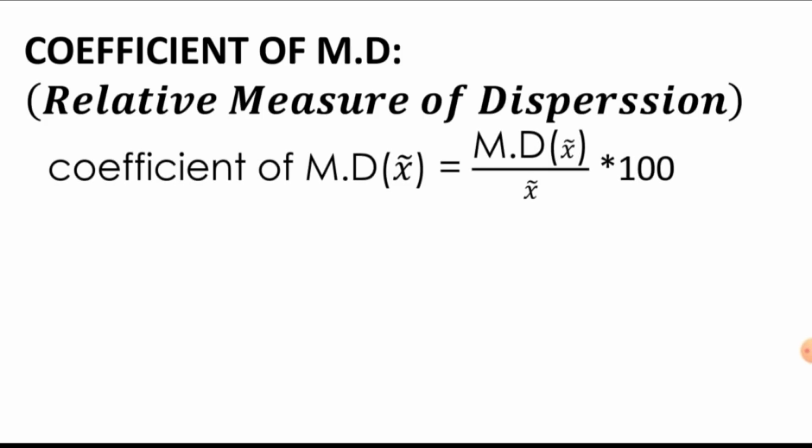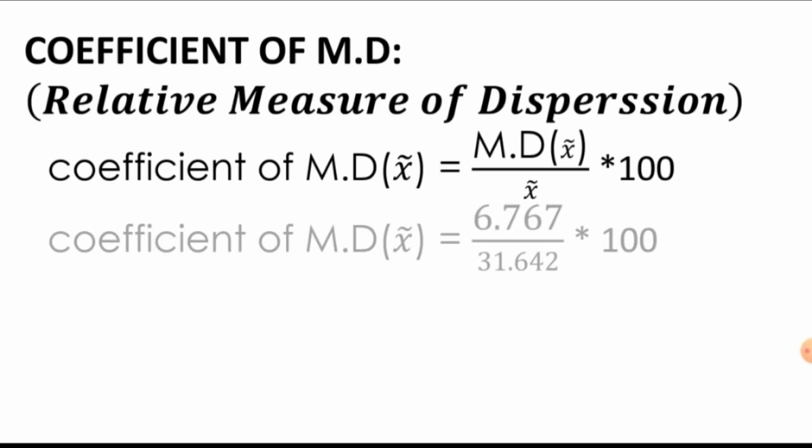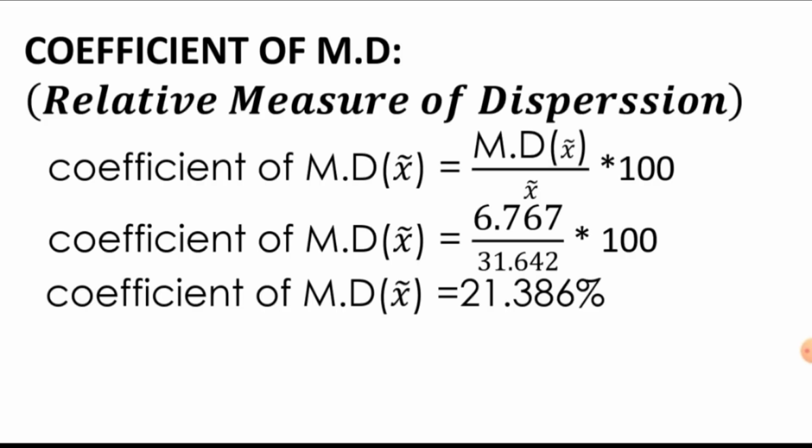And we know that the formula is coefficient of mean deviation equals mean deviation about median divided by median multiplied by 100. We have calculated the value of mean deviation about median is 6.767 divided by the value of median, that is 31.642 multiplied by 100. So you will get the value of coefficient of mean deviation is 21.386.